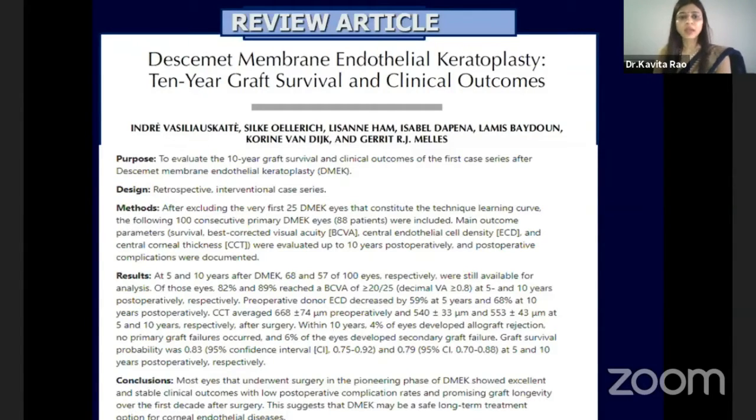He's looked at the next 100 eyes, in which 88 patients were taken, and studied various factors like vision and endothelial cell density. What he found was that at 5 and 10 years, the visual acuity was better than or equal to 20/25 in 82 and 89%, which is very significant, as we would know that in DSEK it's really difficult to get that visual acuity.